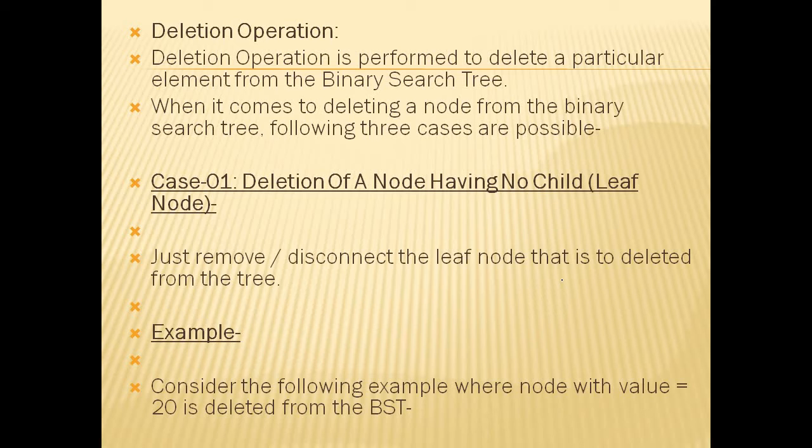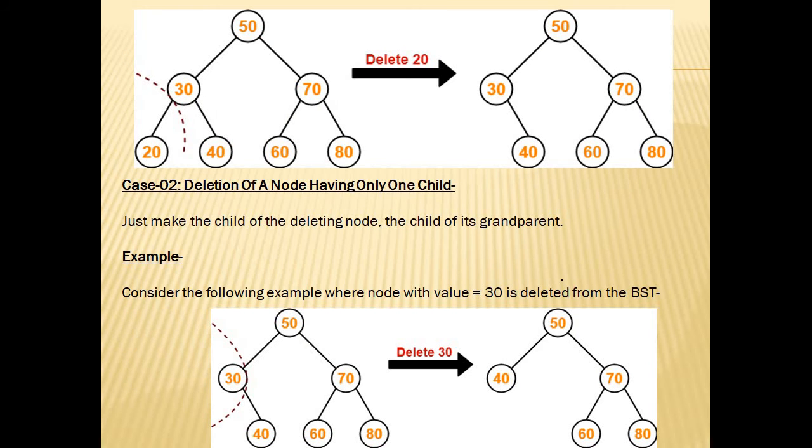So I want to delete the element 20 from the given binary search tree. Deletion of 20: generally, internally the searching operation will find where we have 20, and after finding that element only can we delete it.